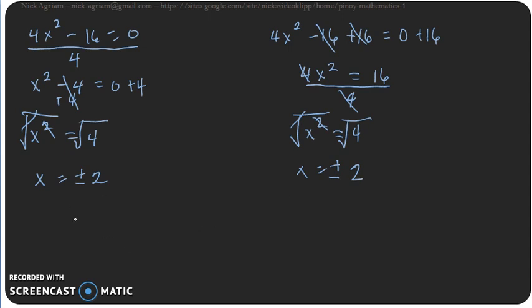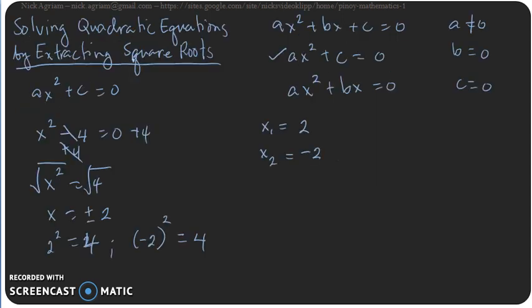So as you can see, you can only use extracting square roots when b is equal to 0, when it looks like this.